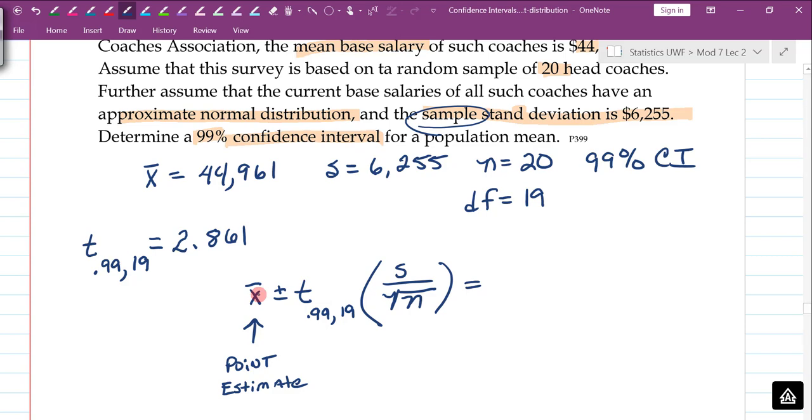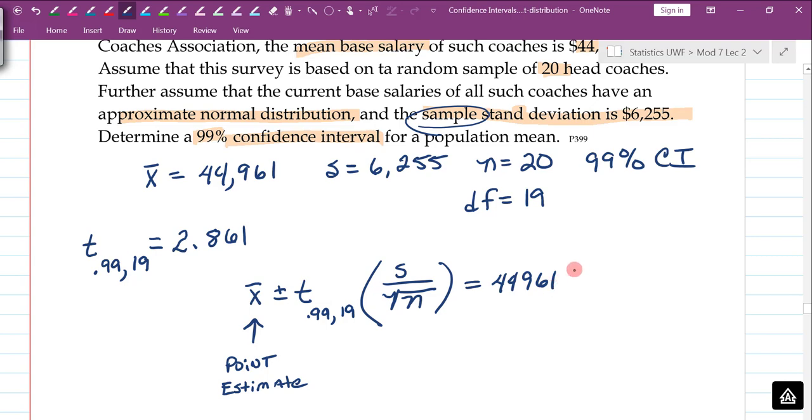And then we're going to add and subtract from that the error, E, and E is equal to T sub C, in this case for 0.99 and 19 degrees of freedom, multiplied by our sample standard deviation divided by the square root of n. So X bar is 44,961.